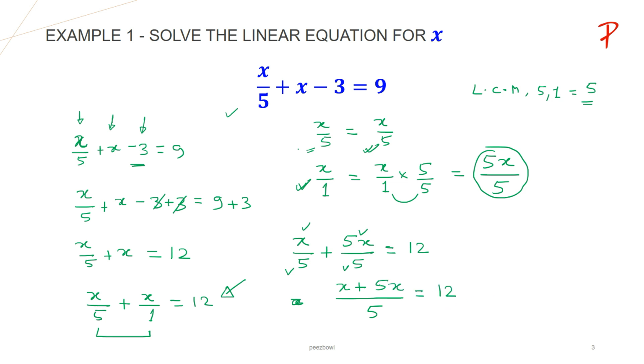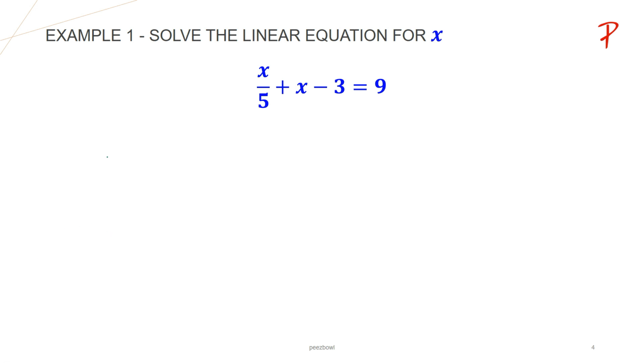At the numerator's place x plus 5x is nothing but 6x, and at the denominator's place we have 5, is equal to 12. So far we have 6x upon 5 is equal to 12.